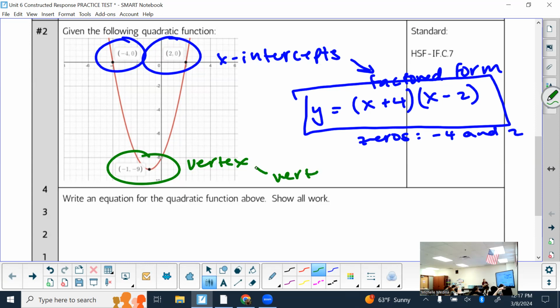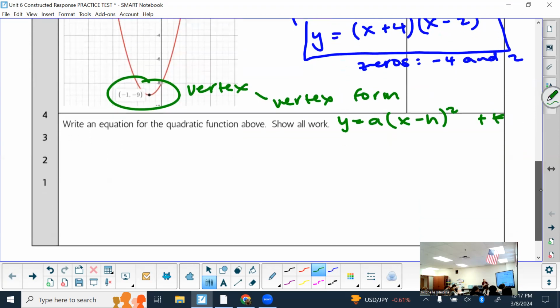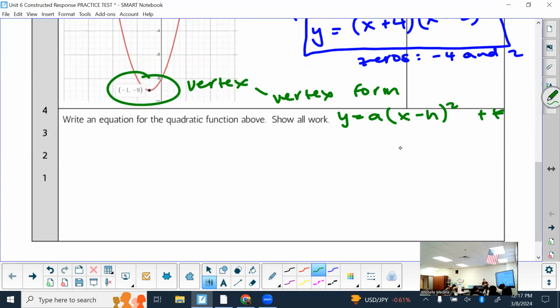That would require you remembering the formula, which I told you you would need to anyway for other parts of your test, so remember this formula. And what part of it would I plug in my vertex into? Okay, so the h would be the x of my vertex. And then where else do I plug in? Yes.